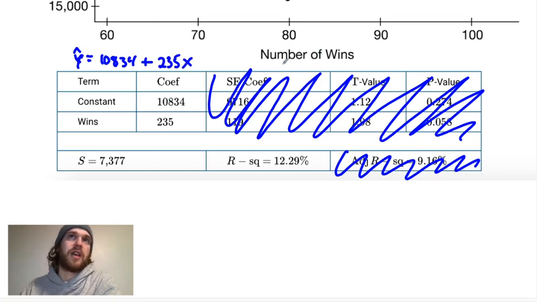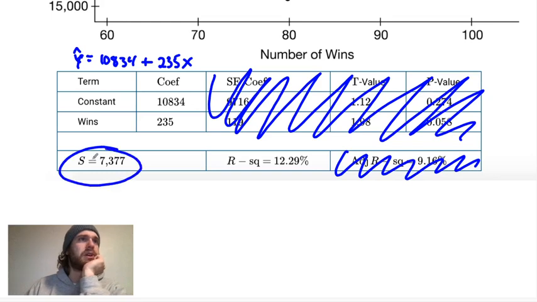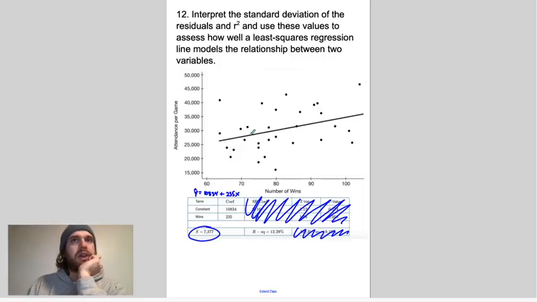So for basically every additional win, the line predicts you will increase attendance by about 235. So what does S mean? S is the standard deviation of the residuals. So for any given data point, we would expect the line to be off in its prediction by about 7,337.